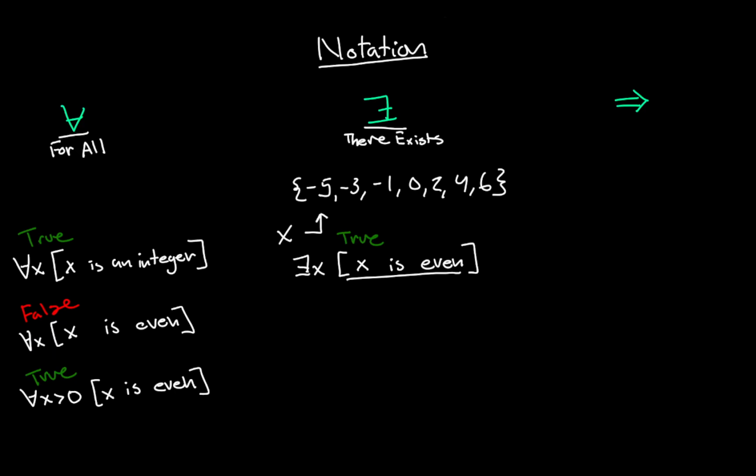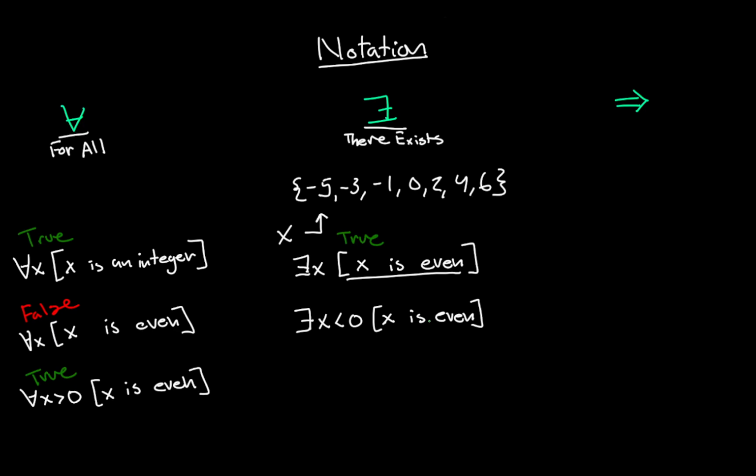Next, let's see an example where it's false. I'm going to use the thing we learned earlier, where we don't have to look at all the values x can take; we can look at only a subsection. Let's say there exists a value of x that's less than 0 where x is even.